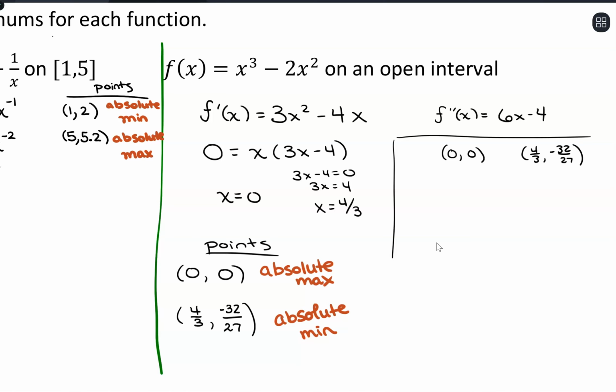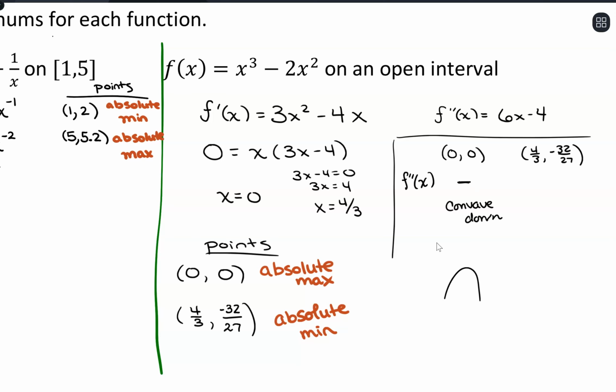So if I plug these into our second derivative, so if I plug in x equals 0, we're going to have 0 minus 4, so that's negative, so that's concave down. So we're seeing something like that.